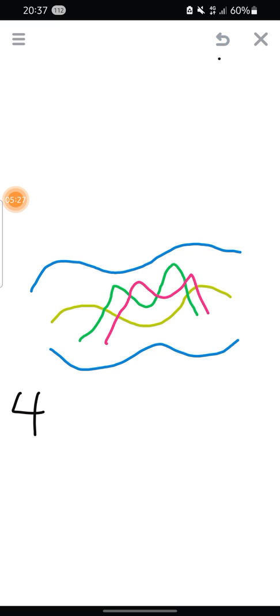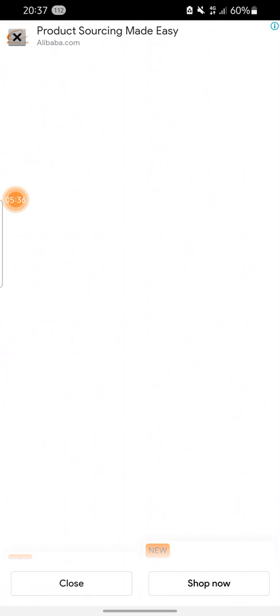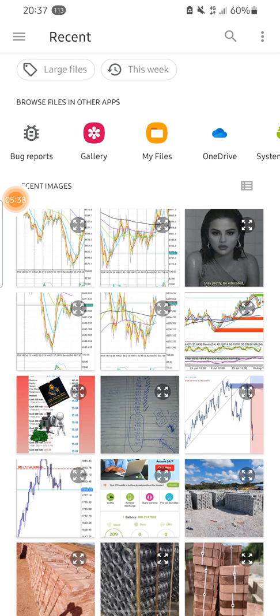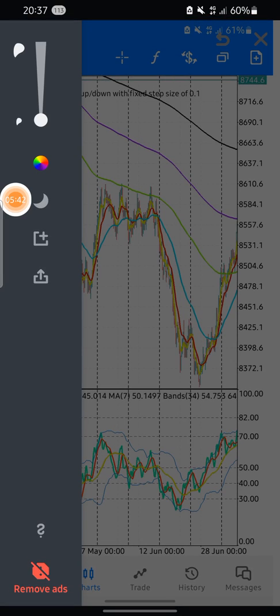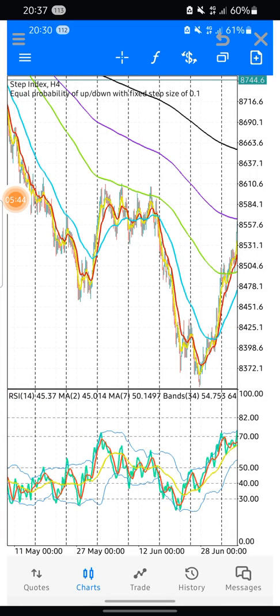Maybe I can use charts to show you the traders signal line, the traders dynamic index, right? Let me take this one for example.